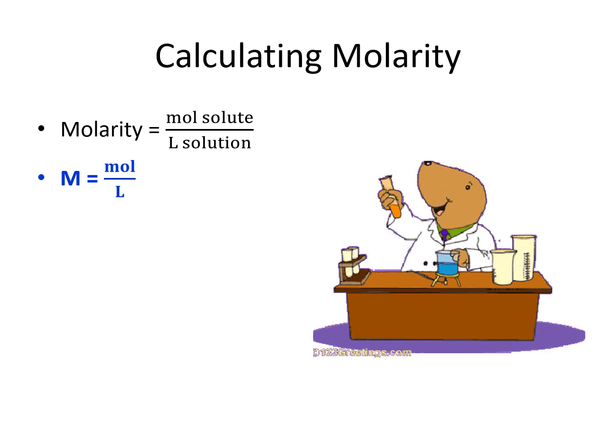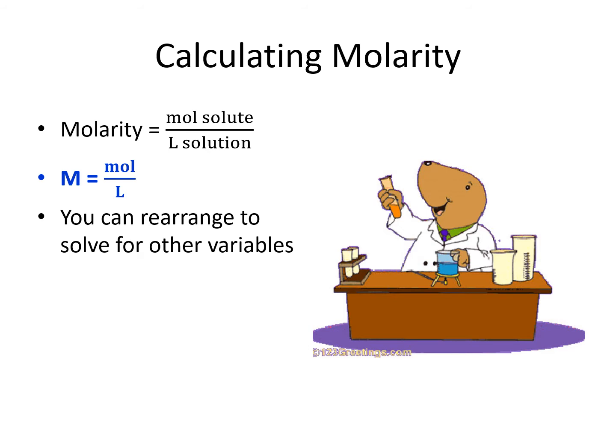If we want to solve for anything other than molarity, we can rearrange our equation to solve for either moles or liters. As we do this, our volume must be in liters, not microliters, not milliliters, just liters, because our definition of molarity is based on liters of solution.